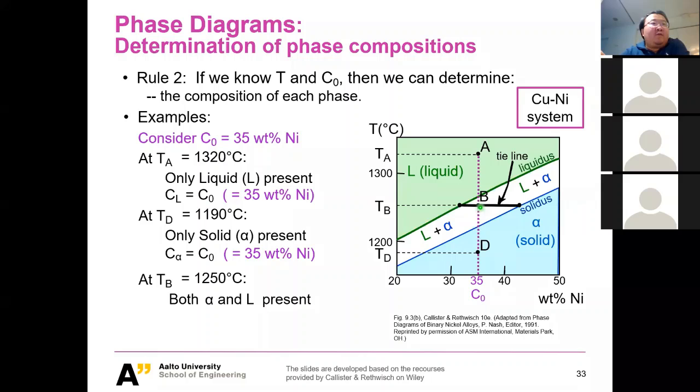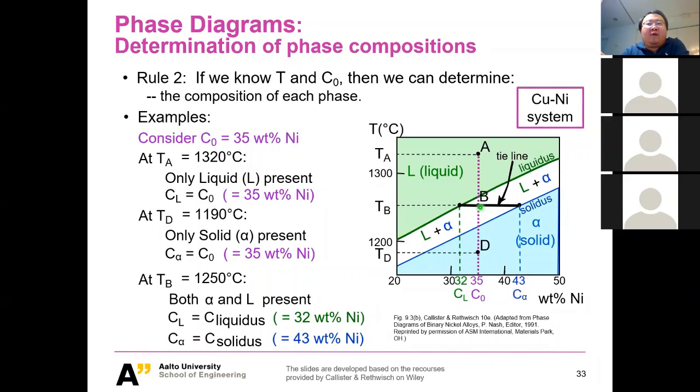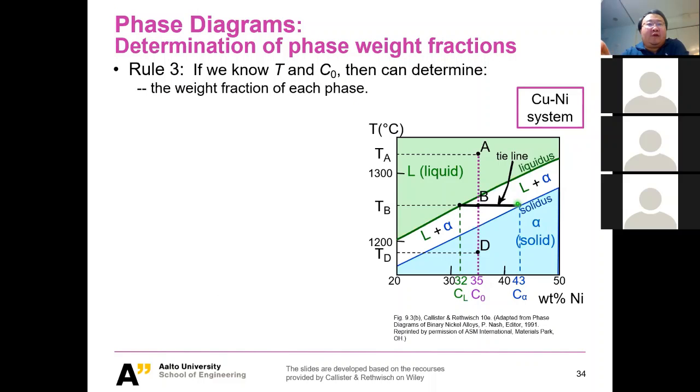If you read from your phase diagram, the liquid solution has 32% nickel, and your solid solution has 43% nickel. The overall composition here is 35%. This line, by the way, is called the tie line, because we're going to use it in the later function.